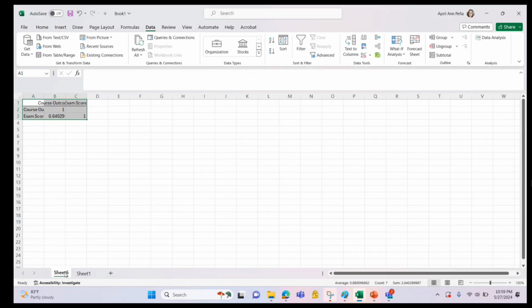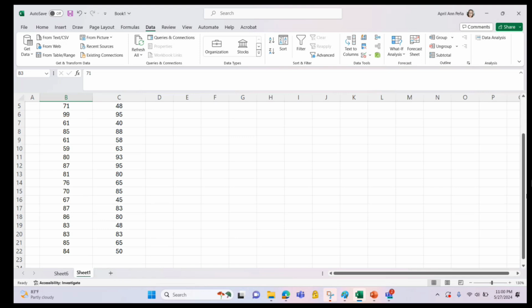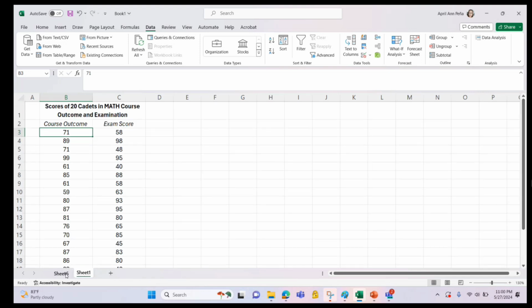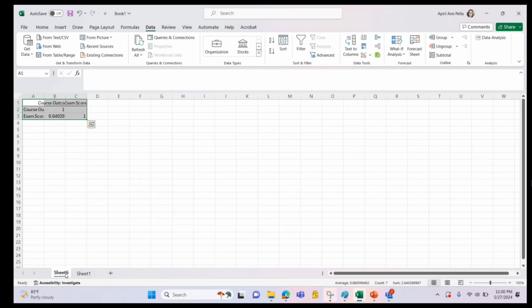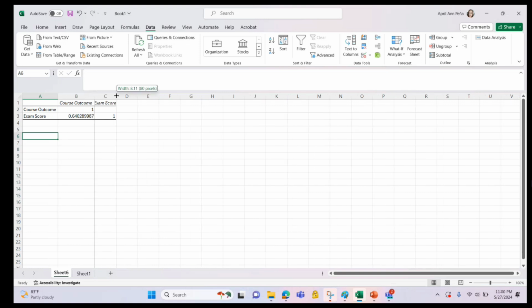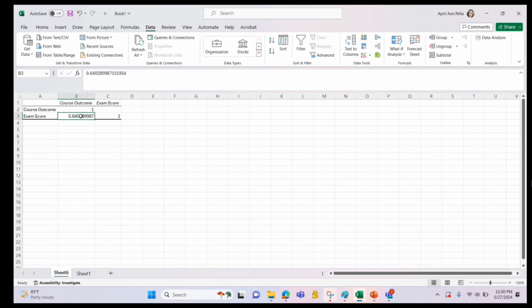Then there is a sheet that appeared. Do not worry if the table containing the data seemed to disappear. It's just here. You can go back to the added sheet that appeared. So we already have here the correlation coefficient. And where is that correlation coefficient? It is actually this value. Actually, this will always be 1 because that is course outcome with itself, it is always 1.